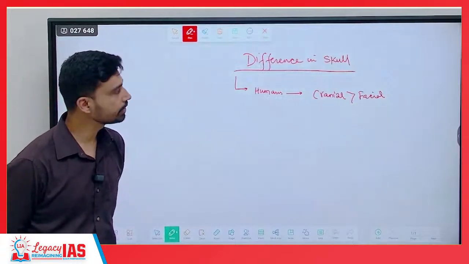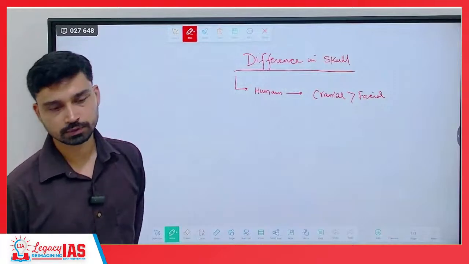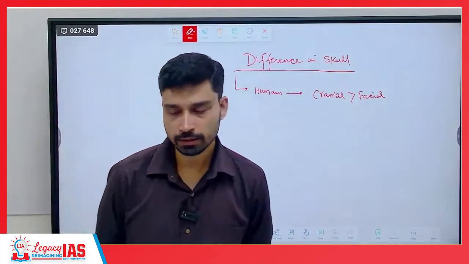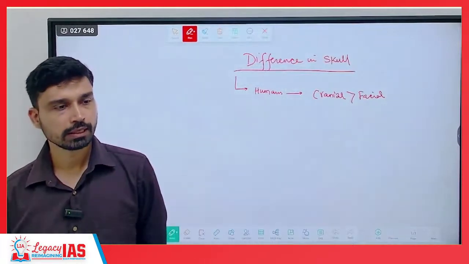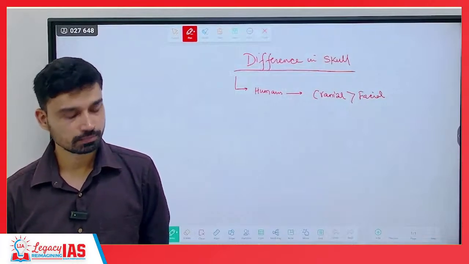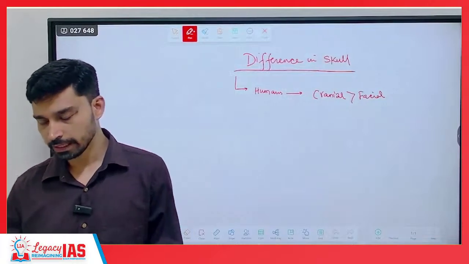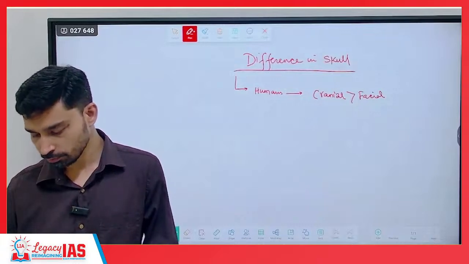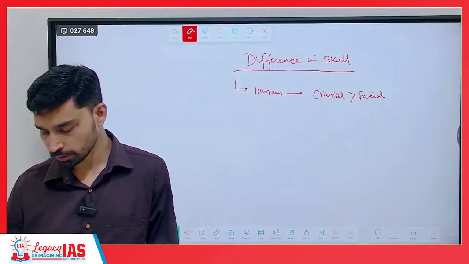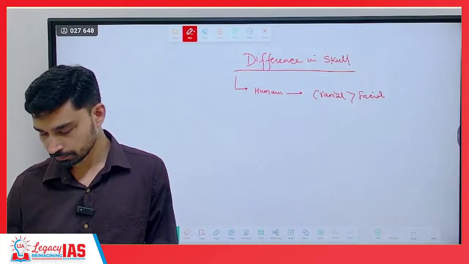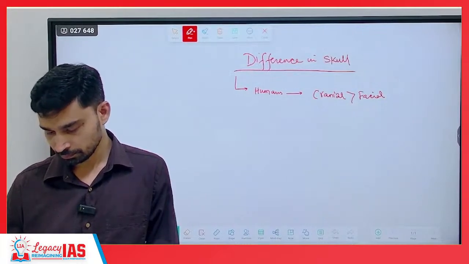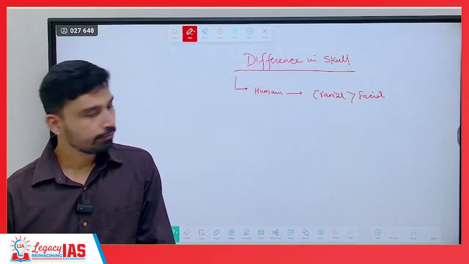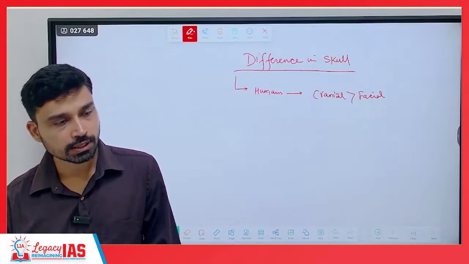While the reverse is the case in apes. In apes, which part is larger? Later, when you look at the photo also, you'll understand. In apes, the facial part is larger than the cranial part.